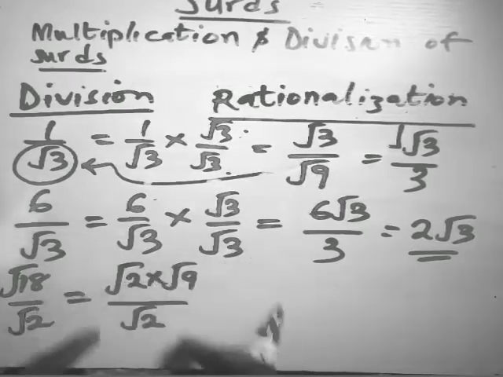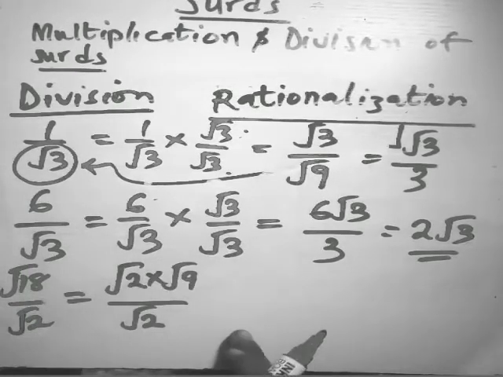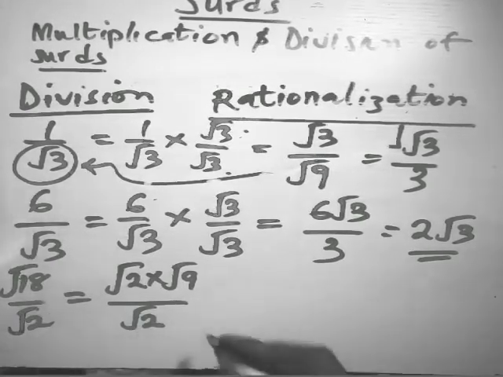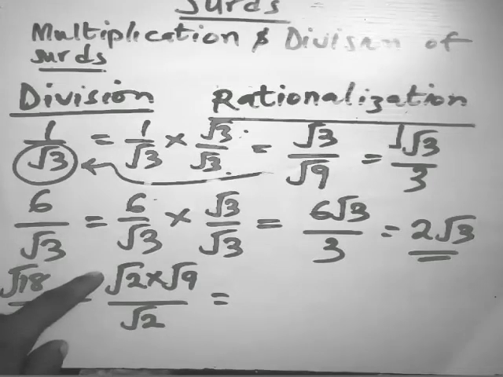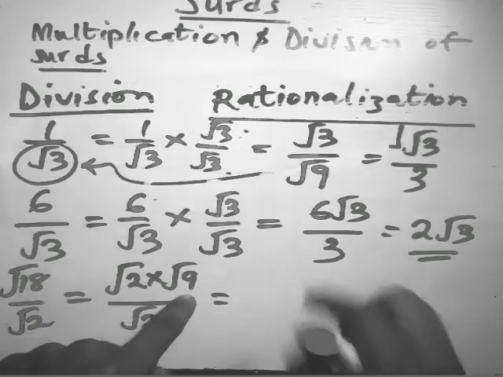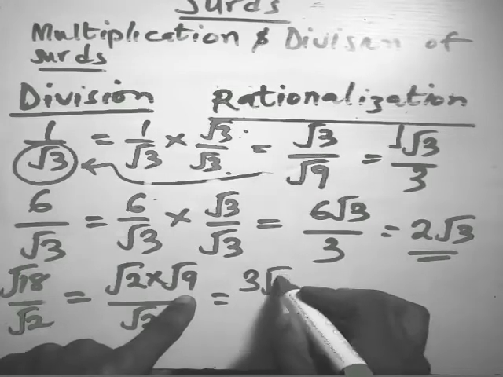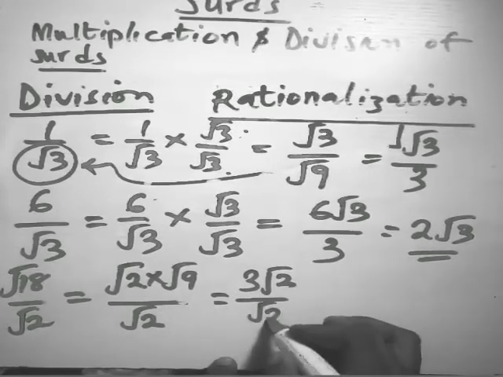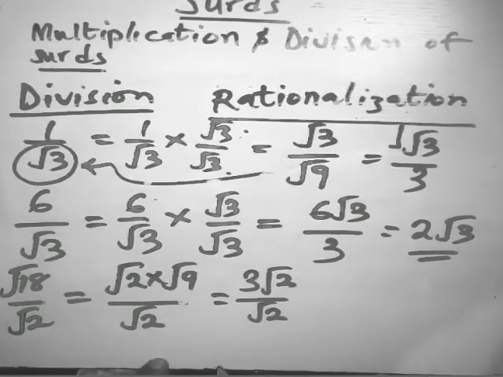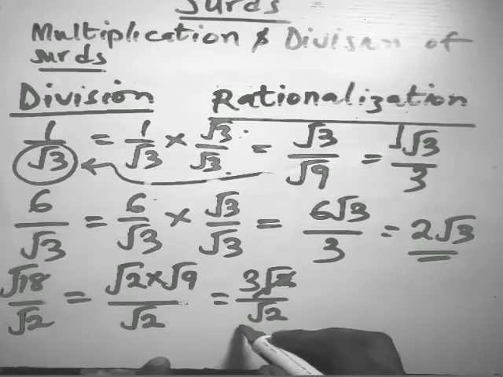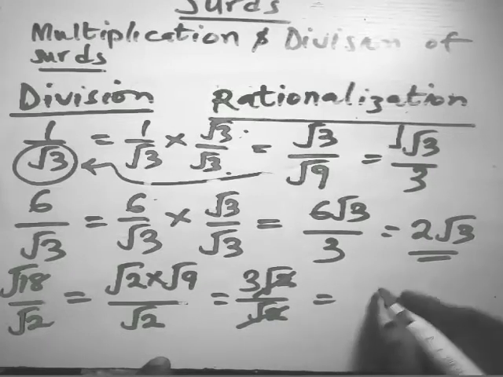In this situation, we can just cancel out and say root 2 cancels root 2, but let's continue. Root 2 times root 9, and I know root 9 is 3. So I have 3 root 2 over root 2. Because I have root 2 at my numerator and root 2 at my denominator, it cancels out to remain only 3.